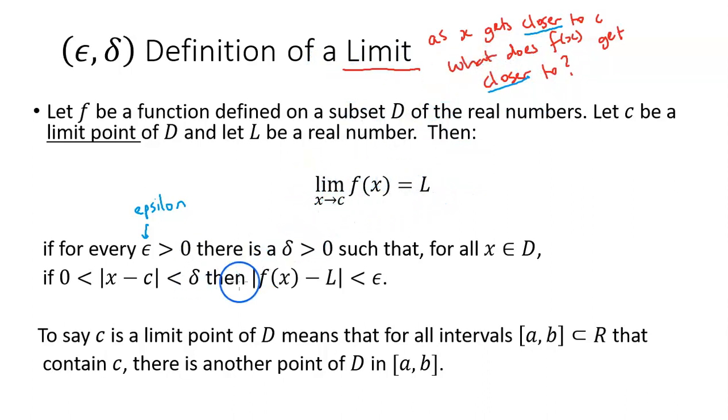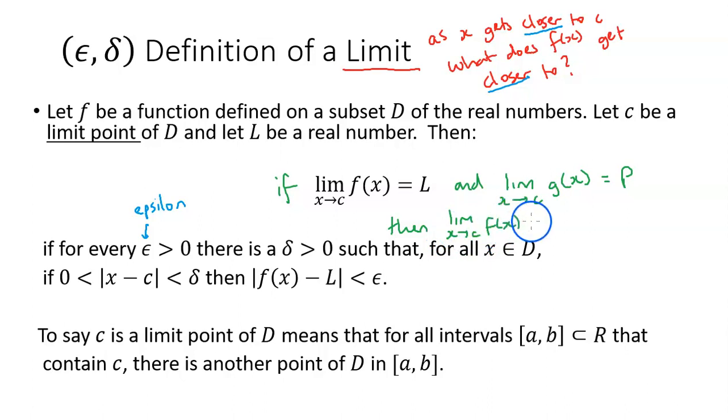Once you've wrapped your mind around this, you can use this definition to prove things like the limit laws. For example, if the limit as x tends towards c of f of x equals L, and the limit as x tends towards c of g of x is equal to p, then the limit as x tends towards c of f of x times g of x, we can prove, is equal to L times p.